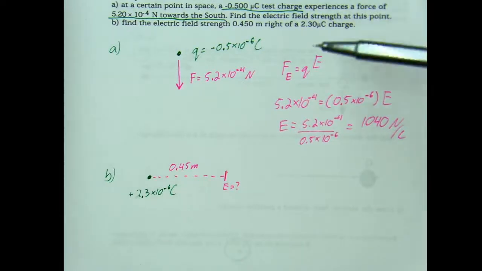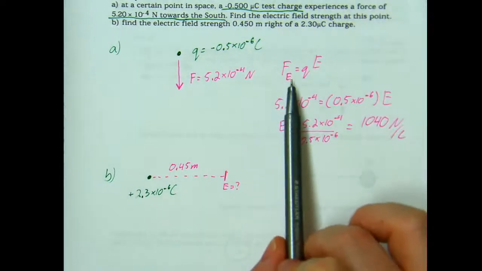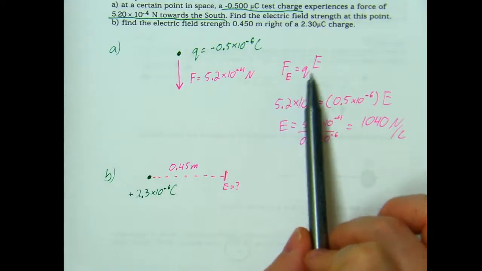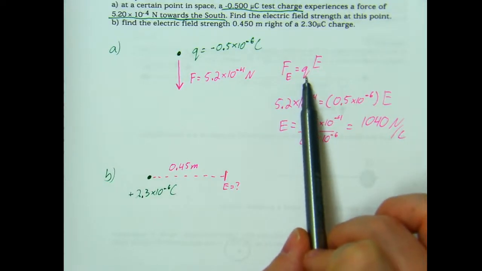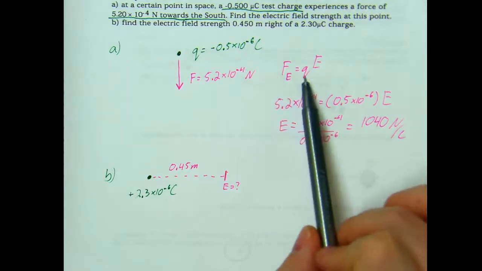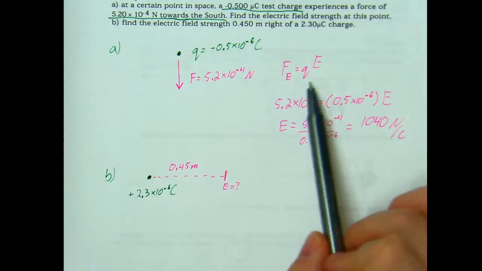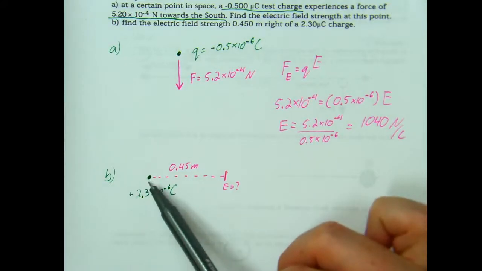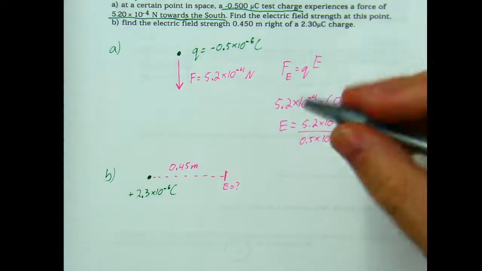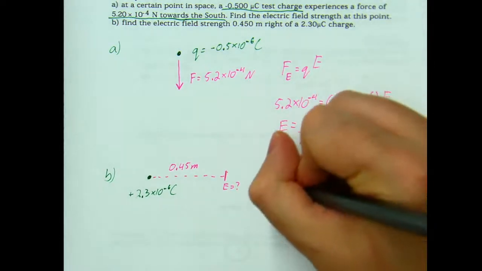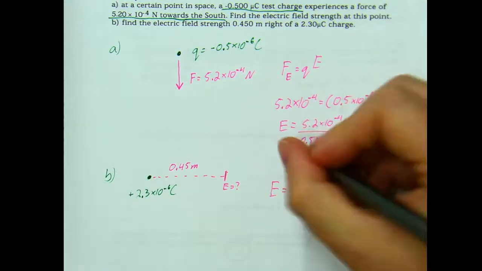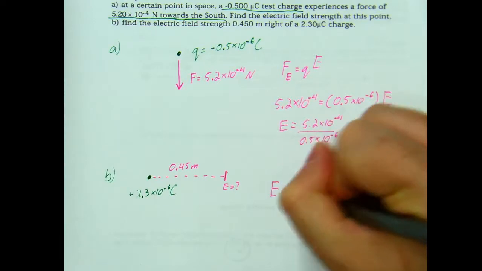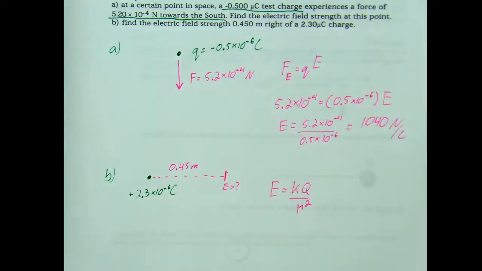Well, for the previous one, we could use this relationship, Fe equals QE, where Q is the test charge interacting with a field. So we had the force on the charge and we had the charge itself. In this one, we can't do it that way. This thing's not experiencing a force, so we can't use this expression. What we're going to have to use is our other expression. We had the electric field from a charge is equal to KQ over R squared.